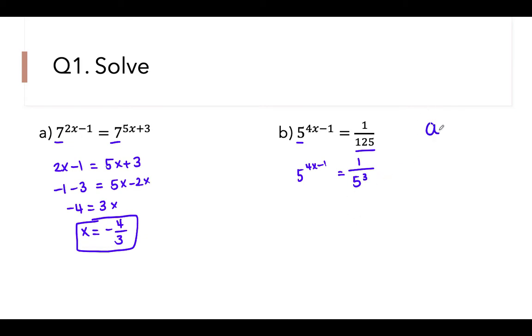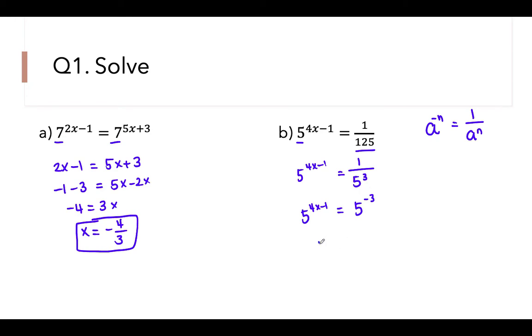But keep in mind, you could turn that exponent into a negative exponent with the same base. So 4x minus 1 equals 5 to the negative 3. Then you could equate the exponents now because the base is now the same, 5.